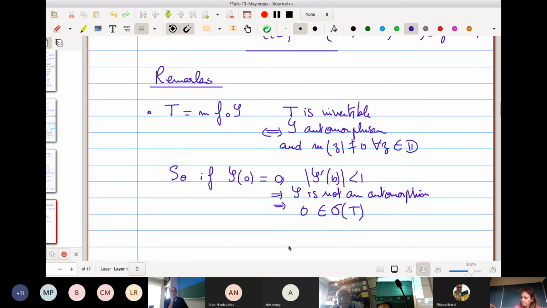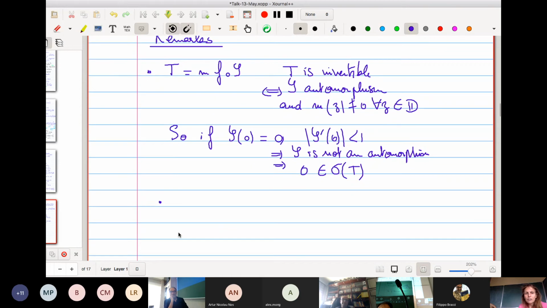It's automatic. The second obvious remark is that when we have an alpha in D which is a fixed point, you can manage to prove that the spectrum is what you guess. So we also have the point spectrum and the spectrum.